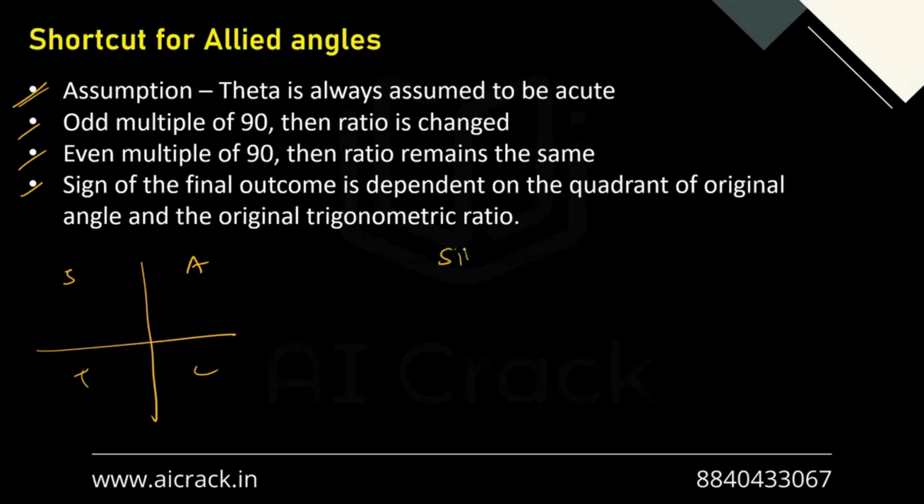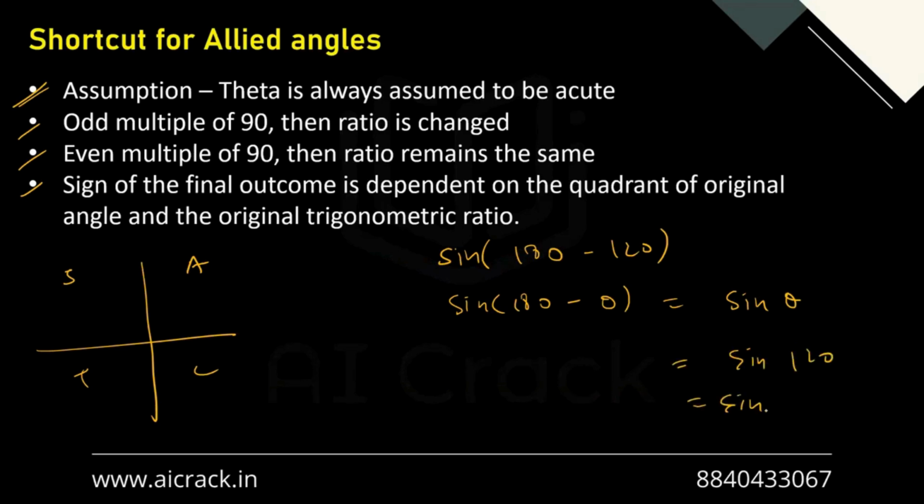Let's take one example, sine of 180 minus 120. Over here, 120 is an obtuse angle, but for the sake of applying these formulas, we have to assume that this is an acute angle, right? So let's write it as 180 minus theta, where theta is 120 degrees. With the help of allied angle formulas, we'll be getting sine theta. Sine of 180 minus theta is sine theta, right? So that comes out to be sine 120 degrees. Now sine 120 degrees is nothing but sine of 90 plus 30.